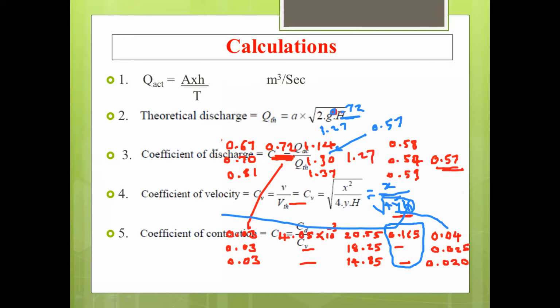Yes, sir. Have you done the calculation? Yes, sir. Have you got the same values? Yes, sir. Okay. Roll number 24. Yes, sir. Have you done the calculations? Yes, sir. Have you got the same results? Yes, sir. Okay. Then roll number 30, Sanush. Yes, sir. Have you got the same result? Yes, sir. Okay.